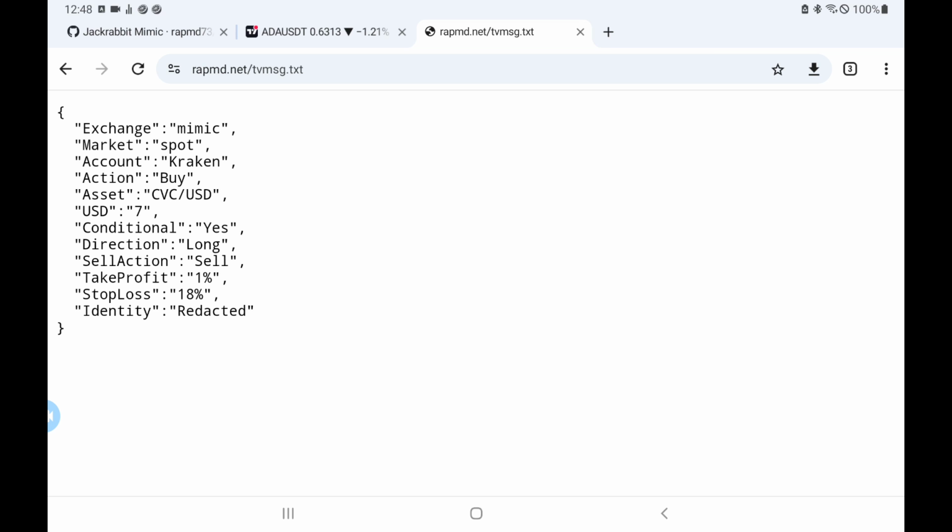So as you progress in your testing, you can see how easy it is to take a pair. In this case, where I'm testing Kraken, all I have to do when I want to move to a live trading situation is change my exchange to Kraken, change my account to main, and the rest of my order is actually fine.